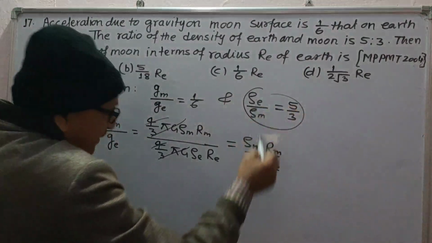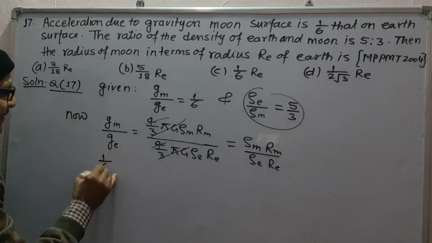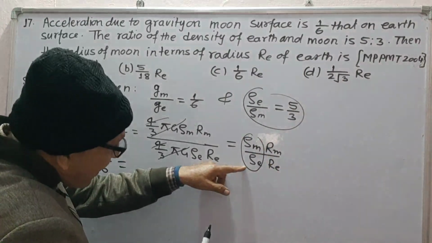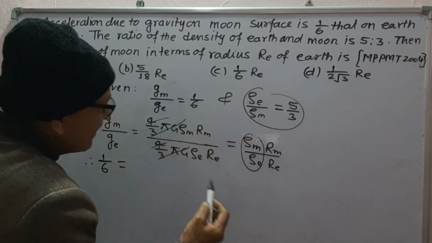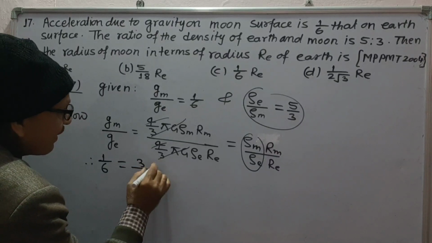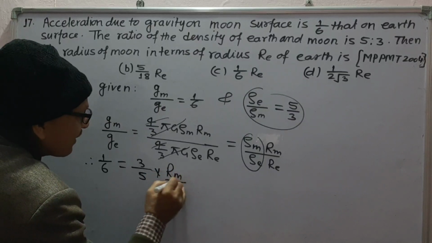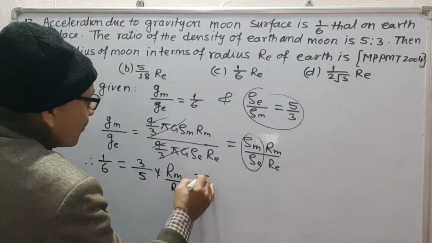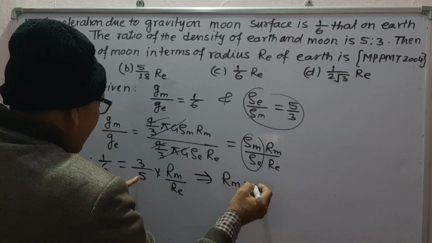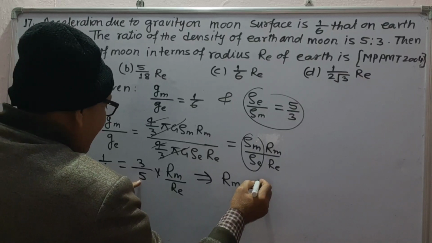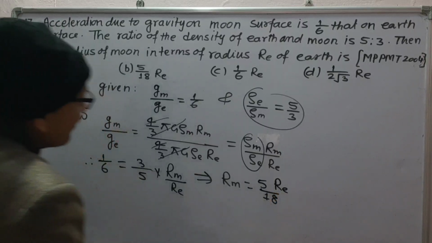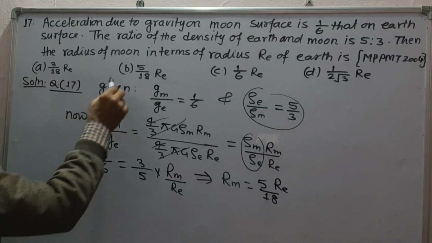Here this gives 1/6 is equal to rho of earth upon rho of moon is 5/3, so it is 5/3 into r of moon upon r of earth. So r of moon will be equal to 5 r of earth upon 18. So the correct option is 5/18 r of earth.